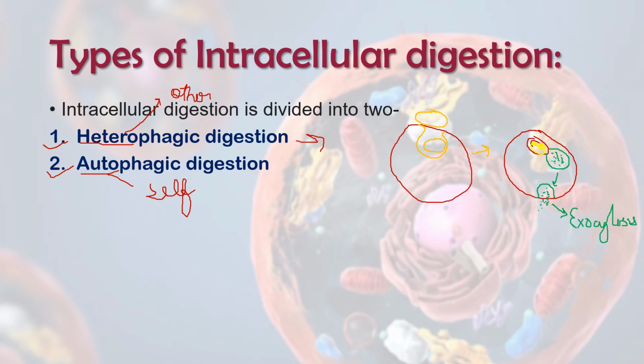The first one is endocytosis, where the foreign particle is engulfed by the cell. Here is a fusion of phagosome and lysosome.